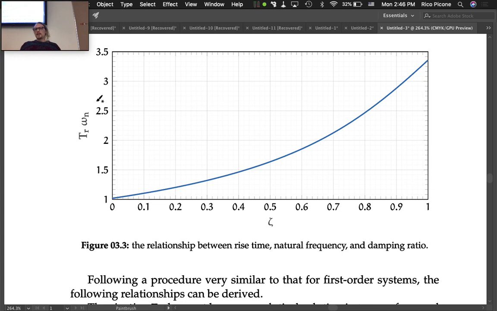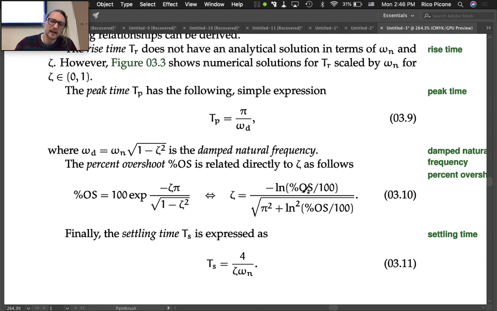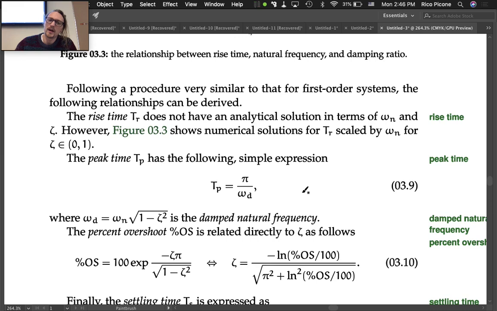There's also a numerical approach. I could probably give you guys a script too if you wanted to find the rise time given zeta and omega n. But this is probably as good as anything for that. Keep in mind that we'll usually be using this as an approximation anyways, so exactitude is not always important.